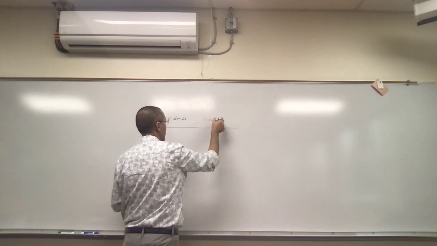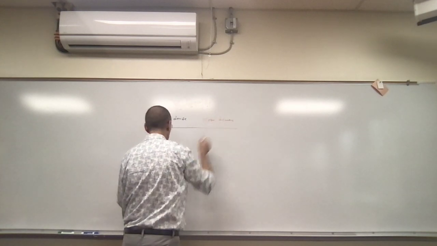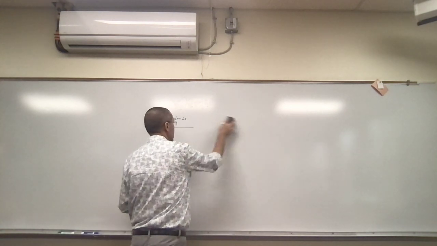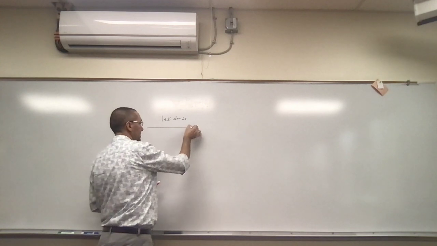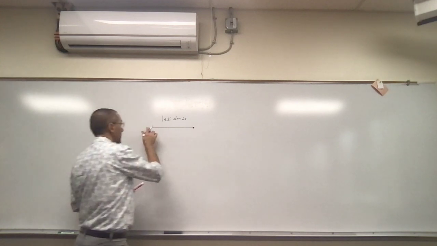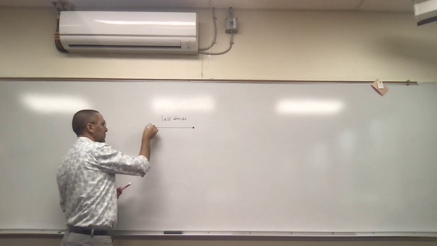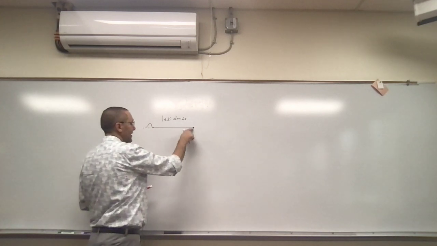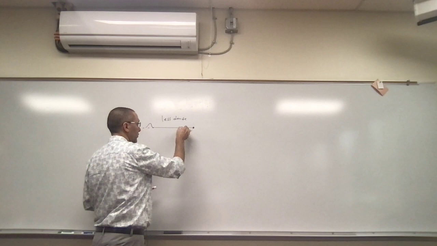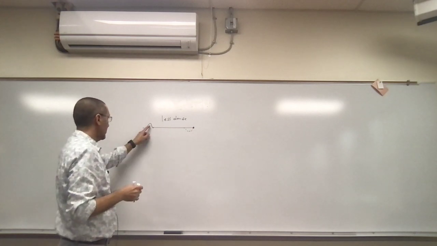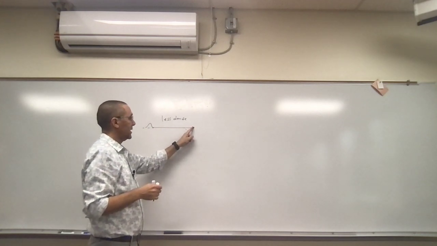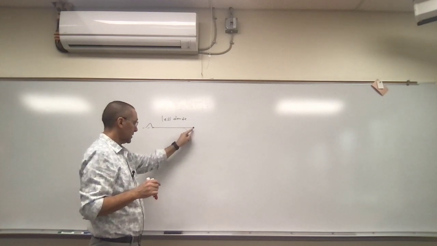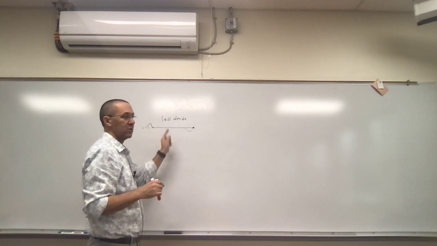Actually, before I do that, let's just make this a fixed end, and then I'm going to send a pulse from here. When the pulse gets to here, it comes back inverted. The reason for that is that when this pulse gets here, it pulls upwards on this point. And according to Newton's third law, this point here is going to pull down on it. So it's going to reverse it.